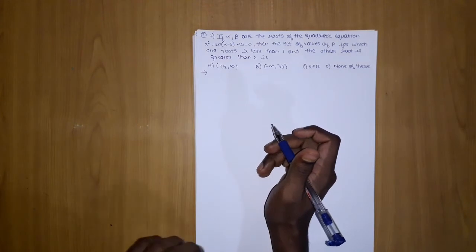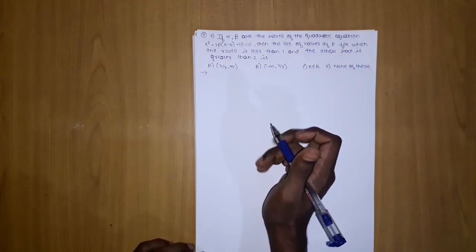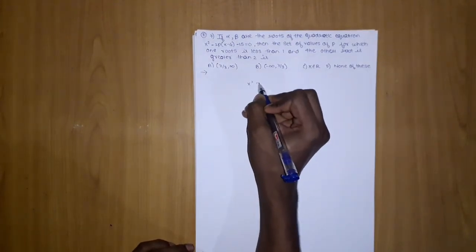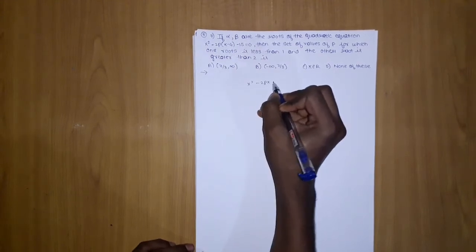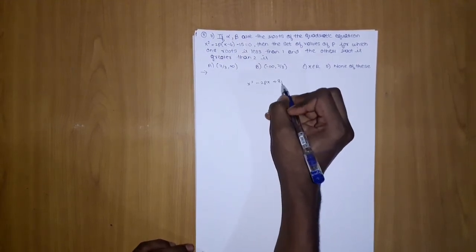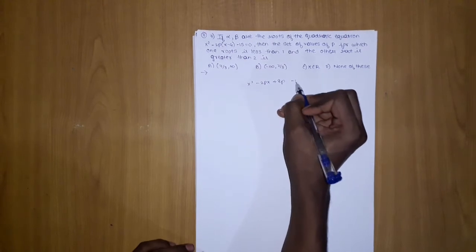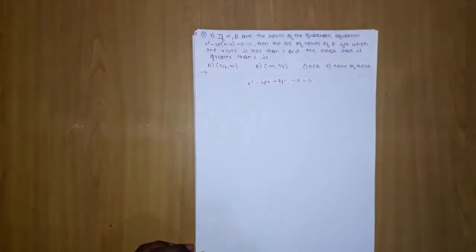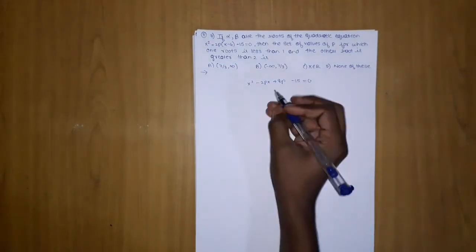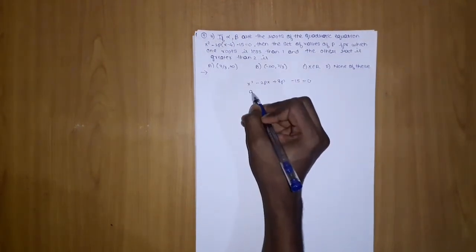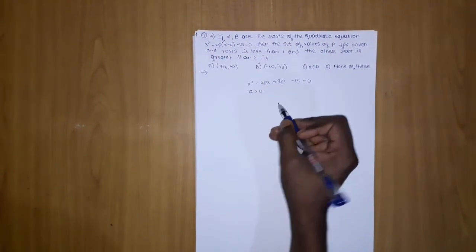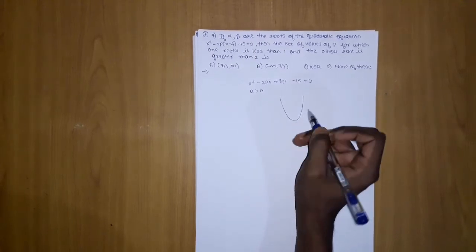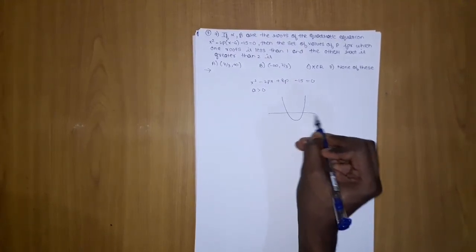Now here a is greater than 0. First let's simplify the quadratic equation: x square minus 2px plus 8p minus 15 should be equal to 0, right? Since a is greater than 0, the parabola will be upward facing.